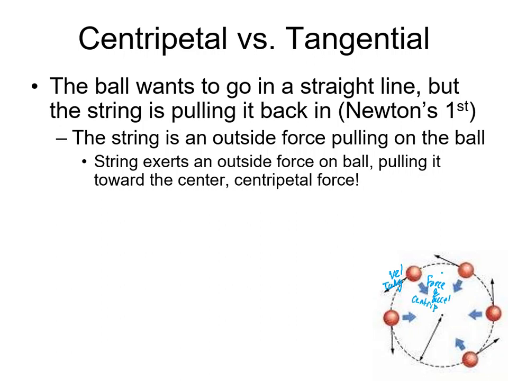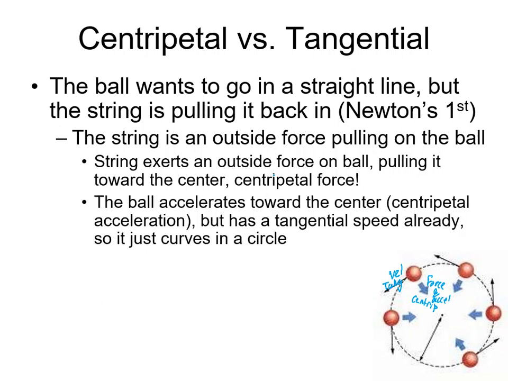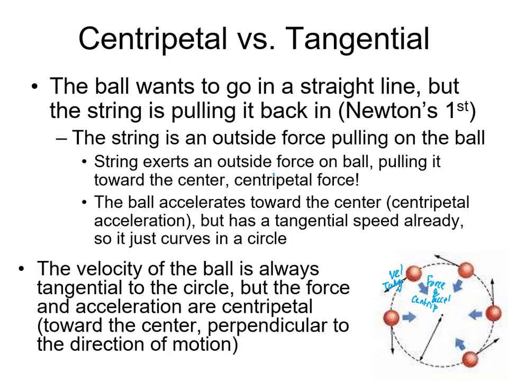So make sure that you understand the difference between the centripetal and the tangential. Tangential is for the velocity. Force and acceleration are the ones heading toward the center. That is the centripetal. So the velocity of the ball is always tangential, but the force and acceleration are always toward the center, perpendicular to that direction of motion.